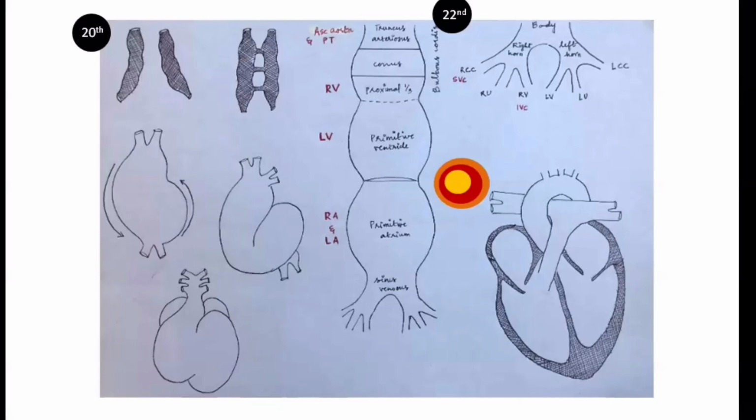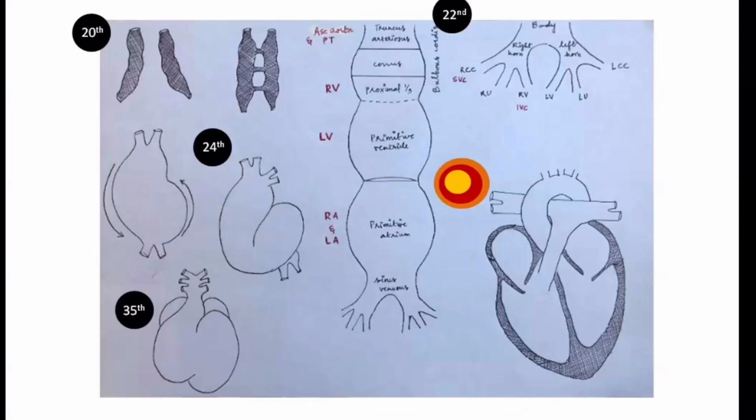You have 2 kinds of looping, R loop and L loop, which is the right looping and the left looping. By the 24th day, once the looping process is over, you will have a structure like this. So that is the second stage.